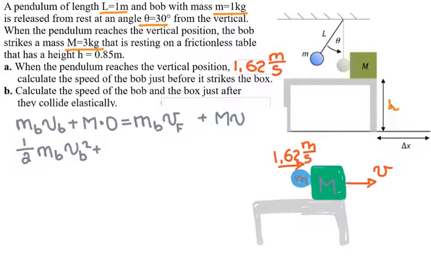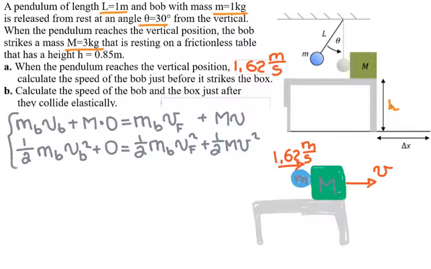The energy of the block is 0 because it's not moving. This equals the energy of the ball after, plus the energy of the block after. So I have a system of two equations with two unknowns.